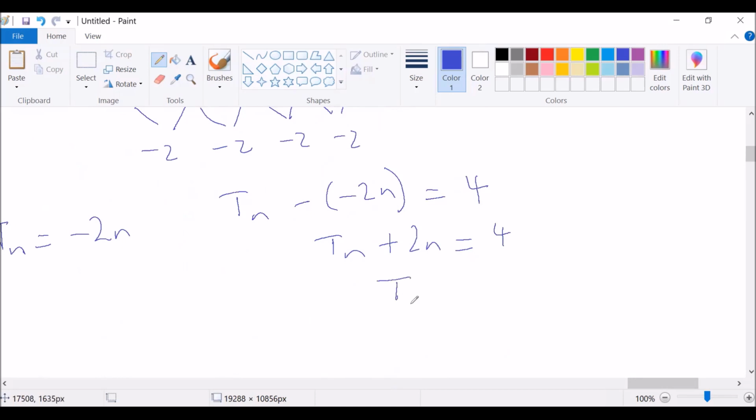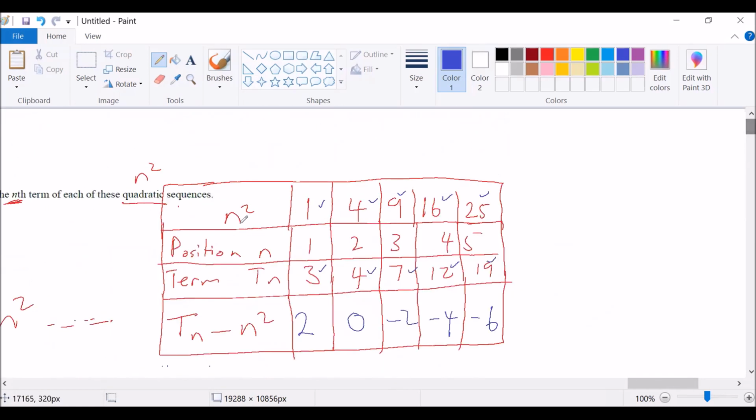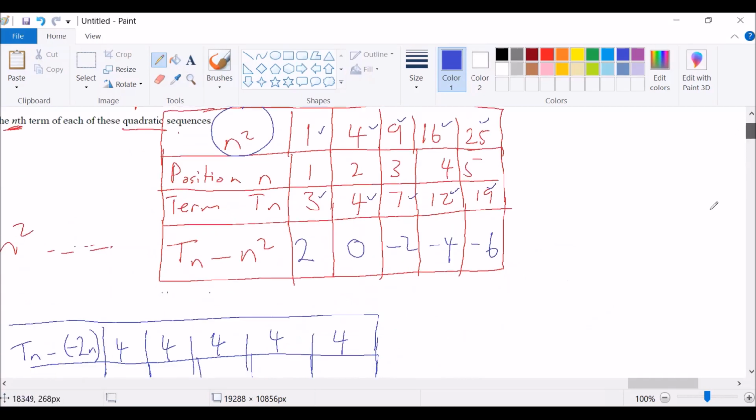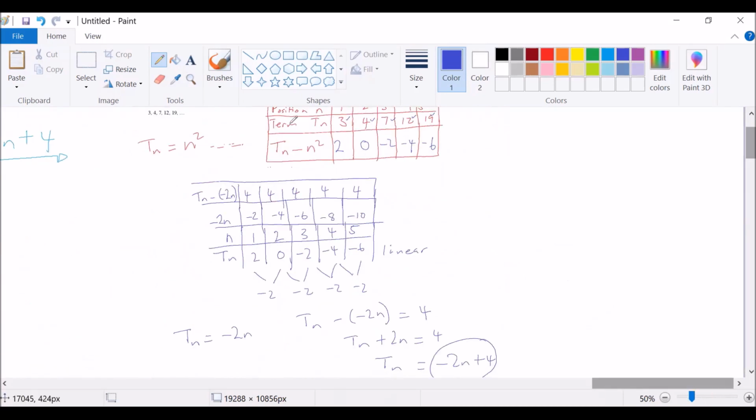Now we have Tn equals minus 2n plus 4. So we have this and our n squared. Remember, we used our n squared. So when we combine them for the whole sequence, we have Tn being equal to n squared minus 2n plus 4.